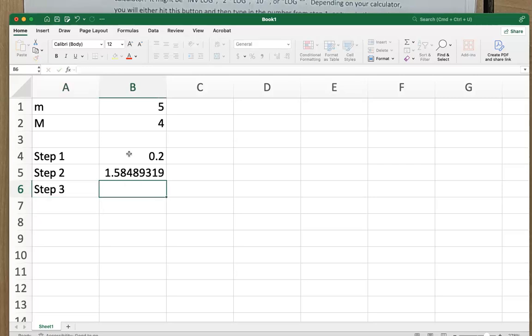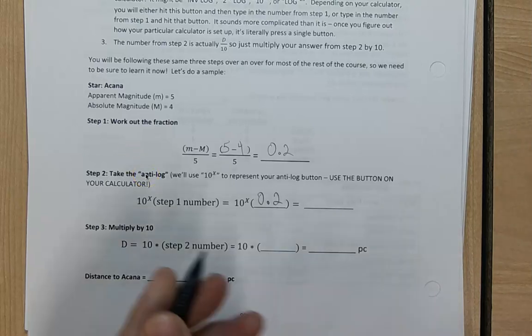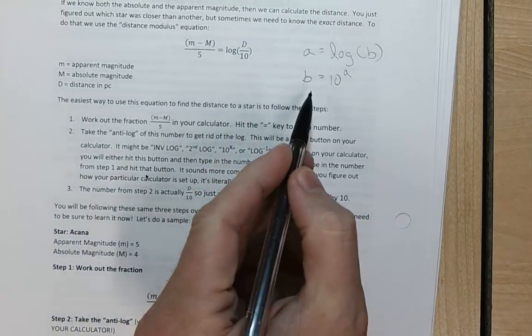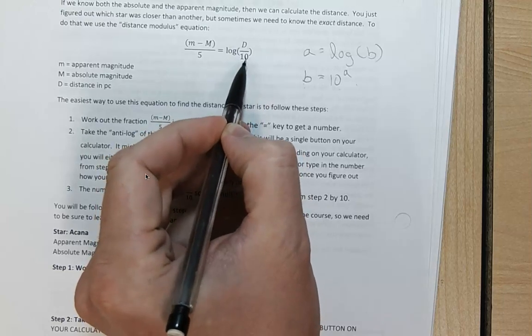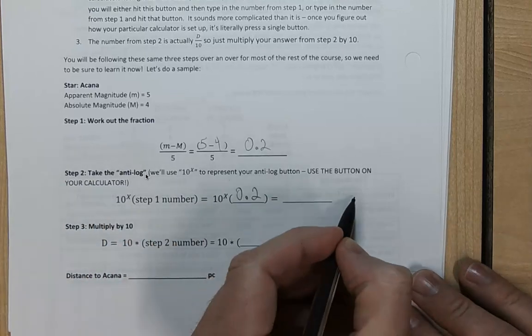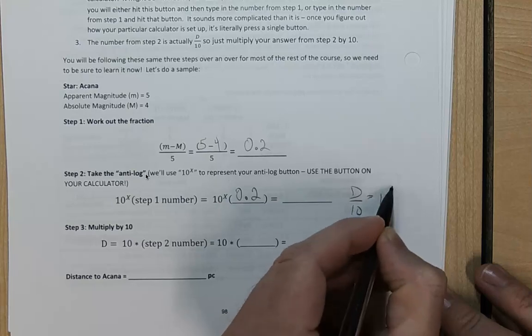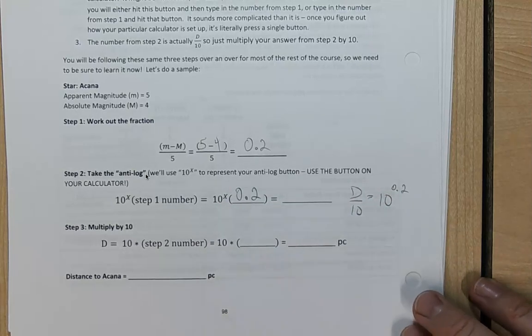And then step 3 is, now what have we figured out, right? We figured out that b equals 10 to the a. What is our b? Our b is distance over 10. So we have that distance over 10 equals 10 to the 0.2 power.